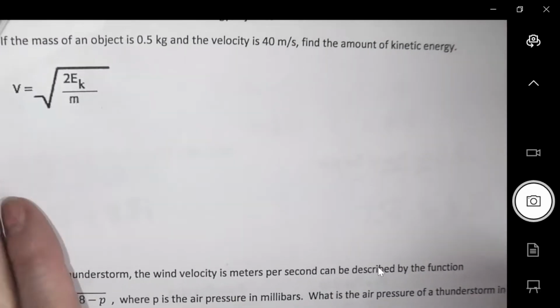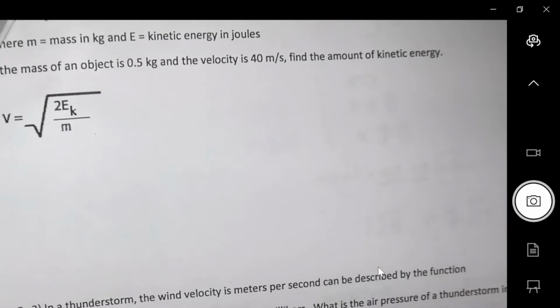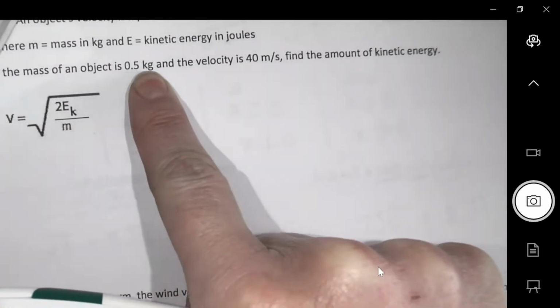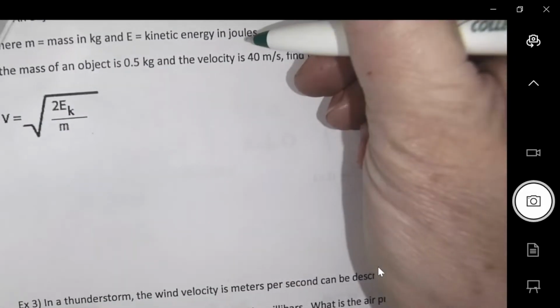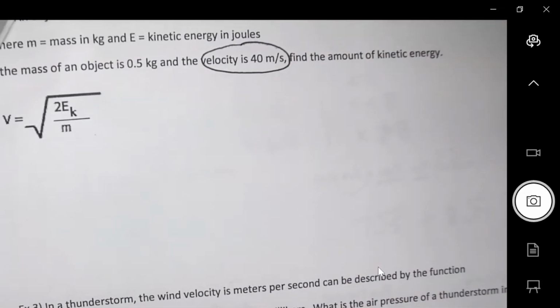I've been giving you formulas here. This one is talking about a velocity of an object according to their mass. Okay, so let's think here. Velocity is the v. Do we know the velocity of the object? Yep. The velocity of the object is 40.